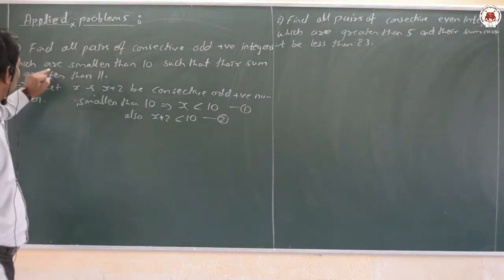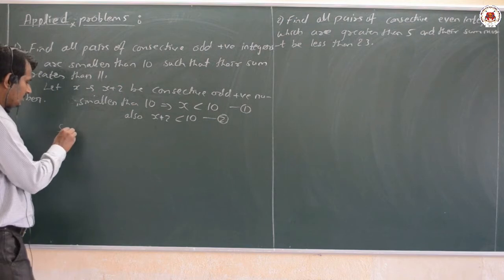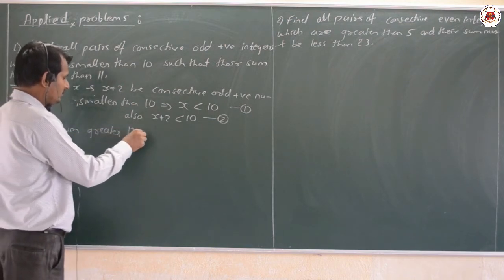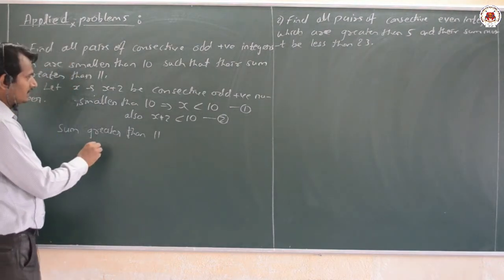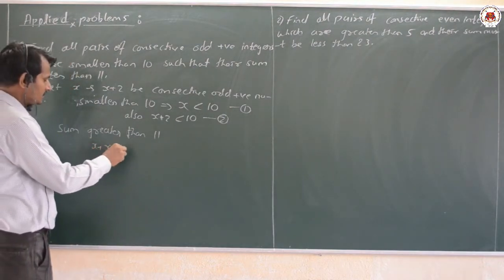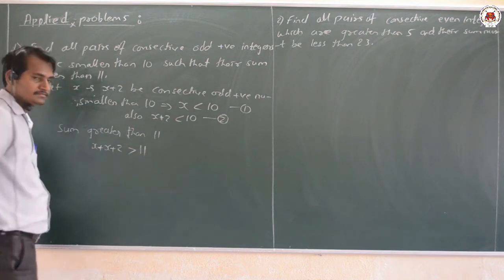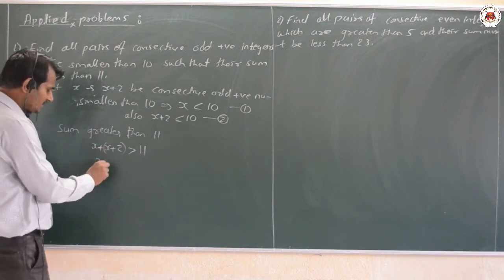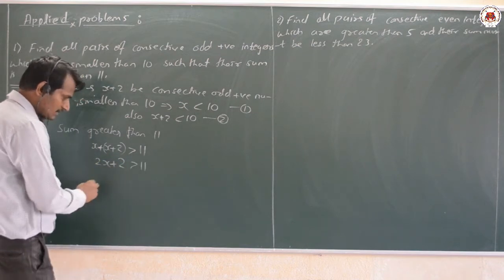The second thing he has given is that their sum is greater than 11. So x plus (x plus 2) is greater than 11. Now these two sum to greater than 11, so I will add it: 2x plus 2 greater than 11, and I will solve it.